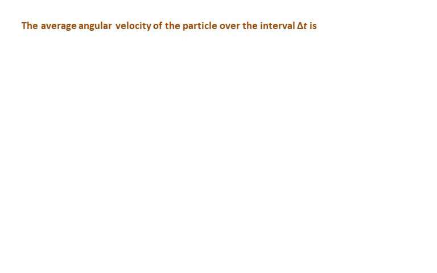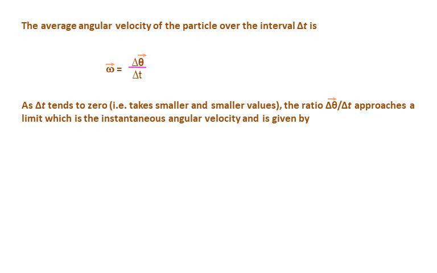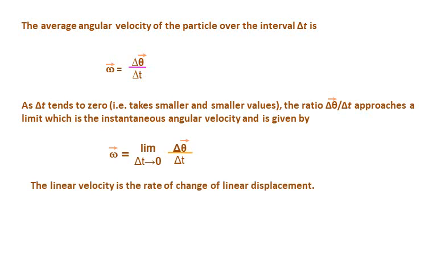The average angular velocity of the particle over the interval delta t will be omega, which equals delta theta by delta t. To find the instantaneous value, delta t tends to 0, and that will be equal to limit delta t tends to 0 of delta theta by delta t.